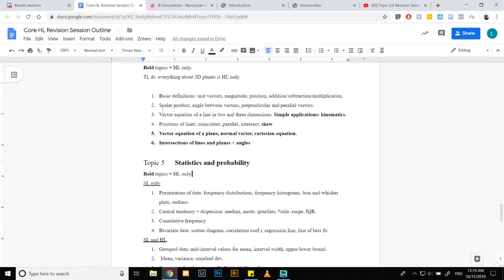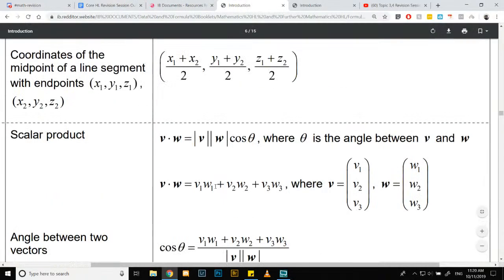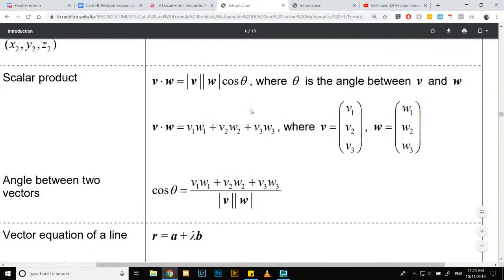So we discussed the scalar product. We've discussed the angle between vectors, how to calculate that using the dot product and what's in the formula booklet. I've discussed perpendicular vectors. There's one thing that I did not mention: if you have two vectors that are perpendicular to each other, we can use the scalar product right over here.